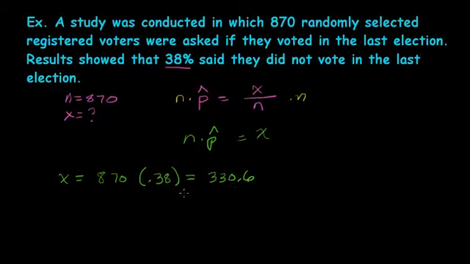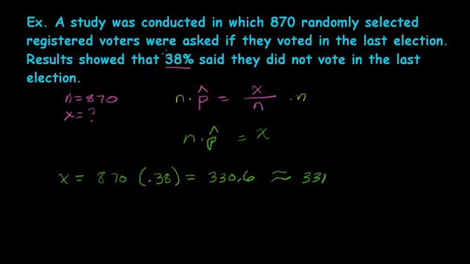Now, we can't enter 330.6 for x. x must be a whole number because you can't survey 0.6 of a person, right? x is a count. How many did you find? You can't count a partial piece. So we're going to have to round this to have an x. So we would round this as normal to 331 so that we could enter it in the calculator. So our x would be that 331.